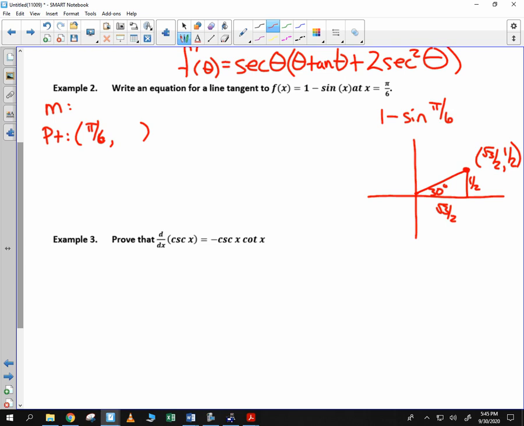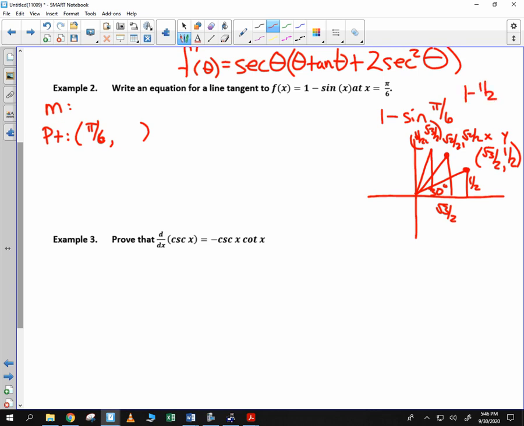If you remember the 45, that's going to be root 2 over 2 and root 2 over 2. And then the 60, that'll be the 1/2 and root 3 over 2. So hopefully you're kind of coming back to you there. But in this situation, sine is the y value and cosine is the x value of your terminal points. So 1 minus sine of pi over 6, the sine of pi over 6 is 1/2.